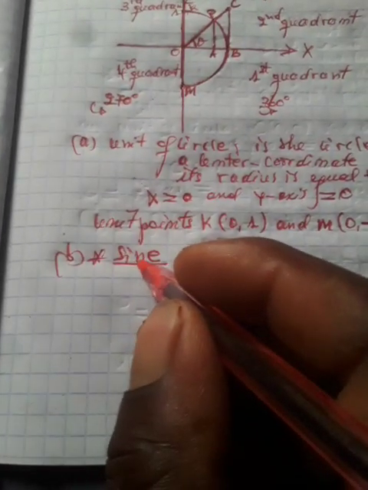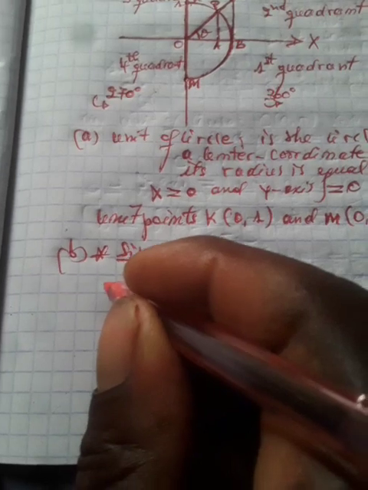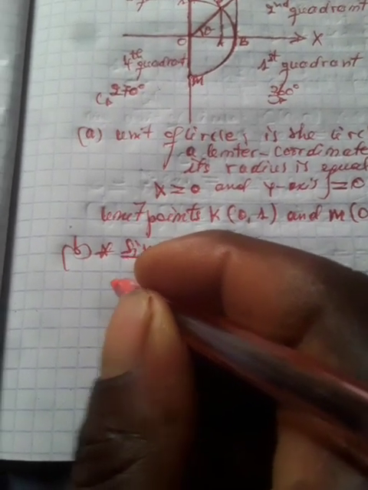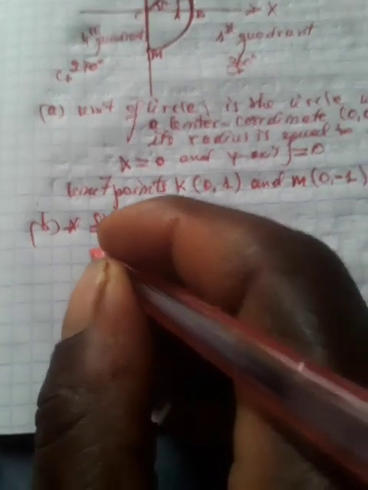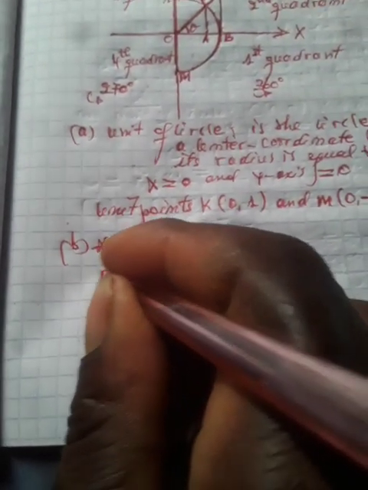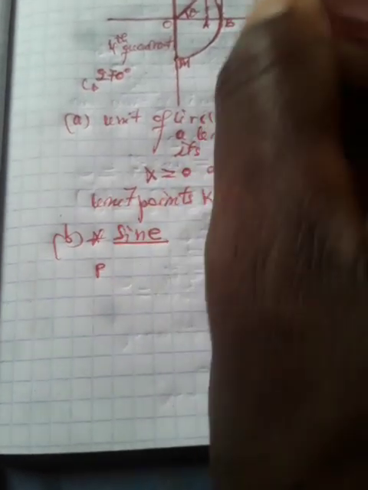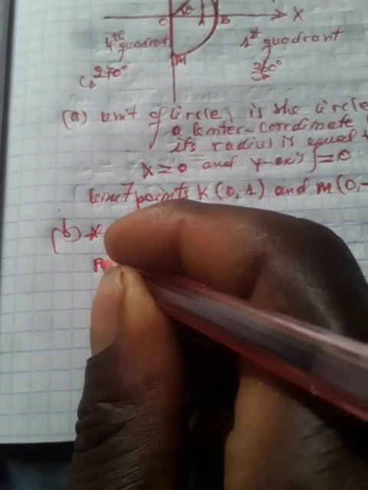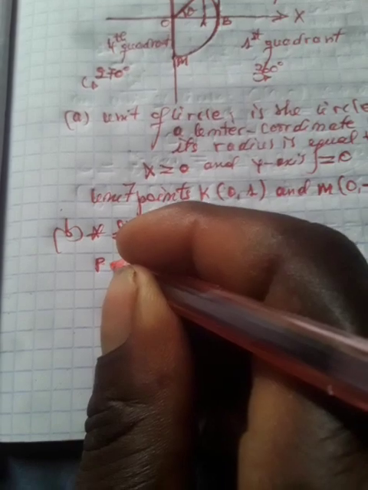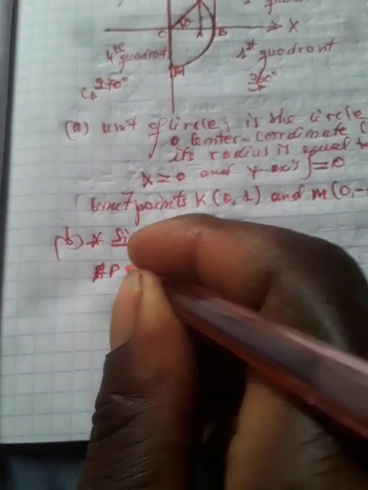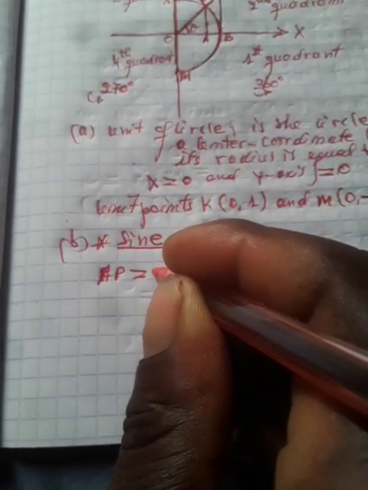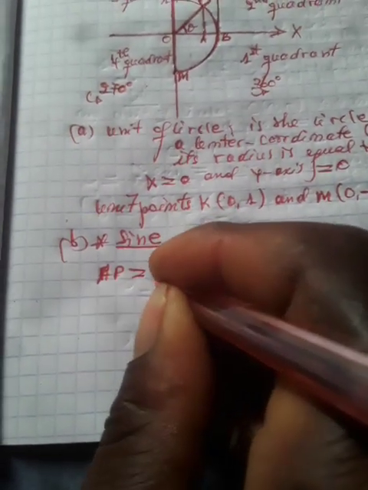Here we have point P, and the side from A to P is equal to y.